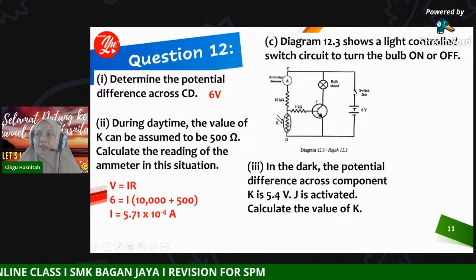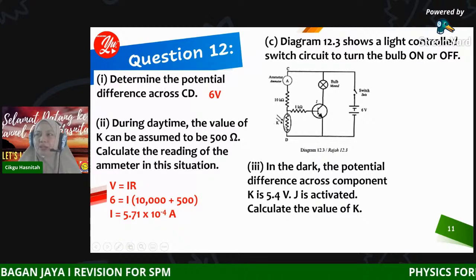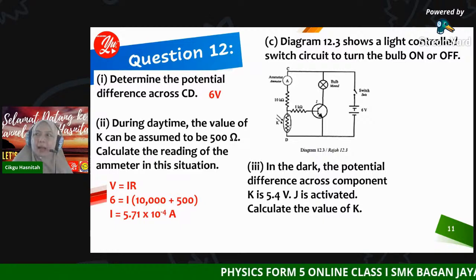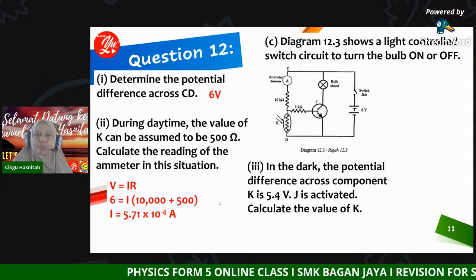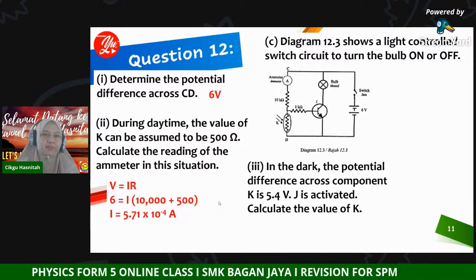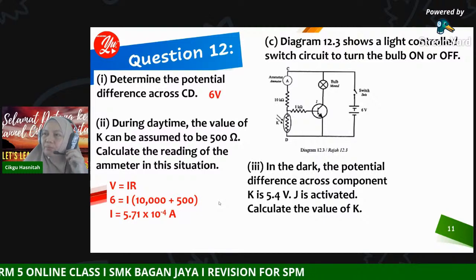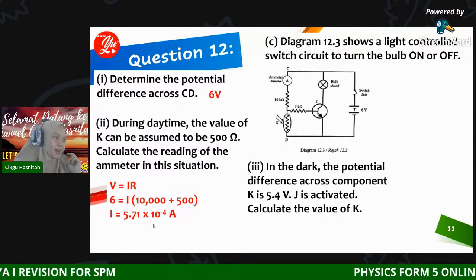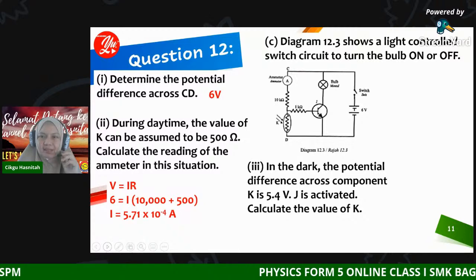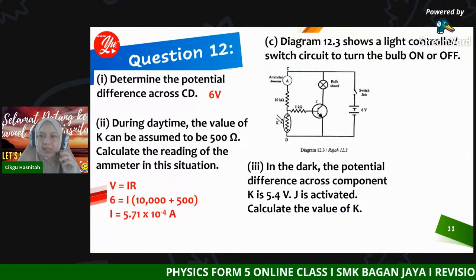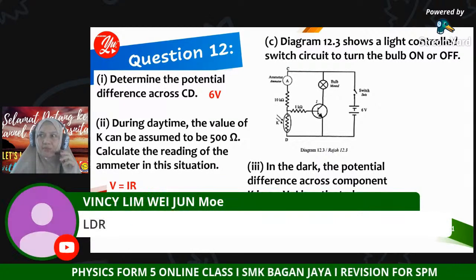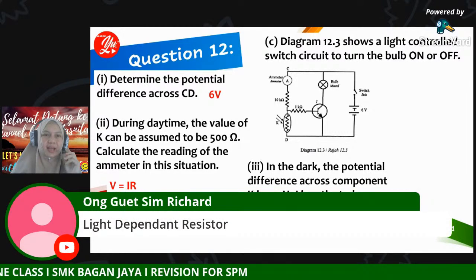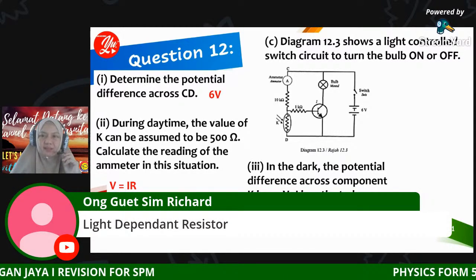It's like a resistor, but it has two arrows here. What is the name of this electronic component K? Light dependent resistor. Yes, very good, Vinci, LDR. The name for K is LDR, or the full name is light dependent resistor.